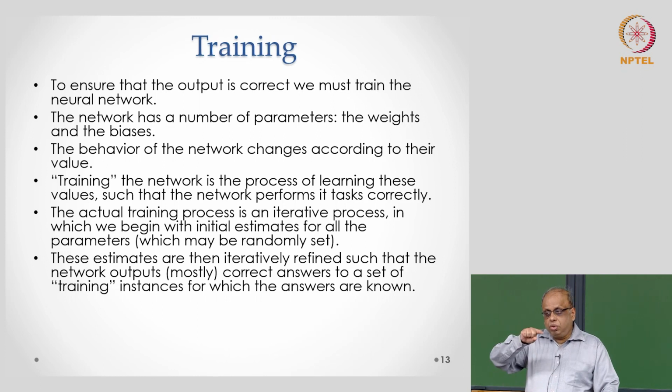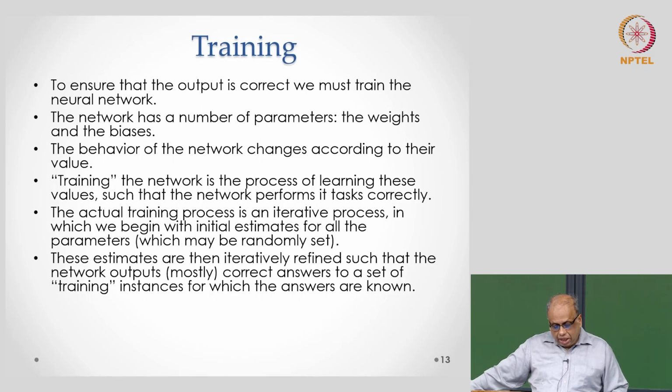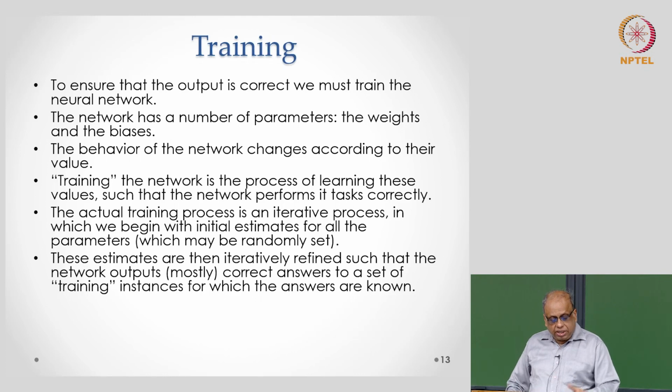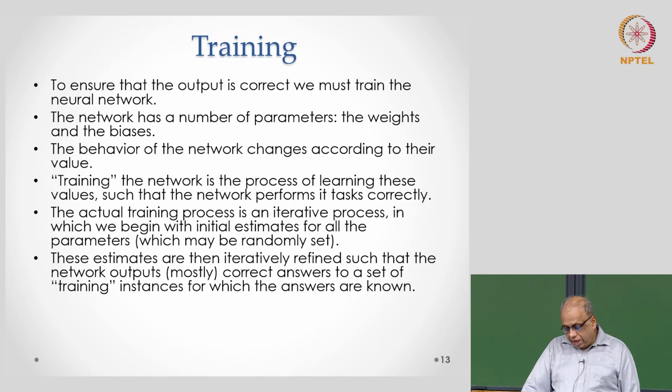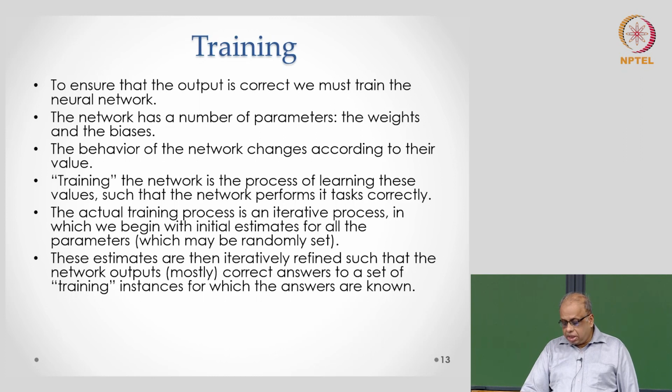You start with some random weights, use them to get the final output, and then based on the output that you get, you go again and adjust the weights, and do that in an iterative way until you get some good result. Finally, you want to see that the network outputs mostly correct results.